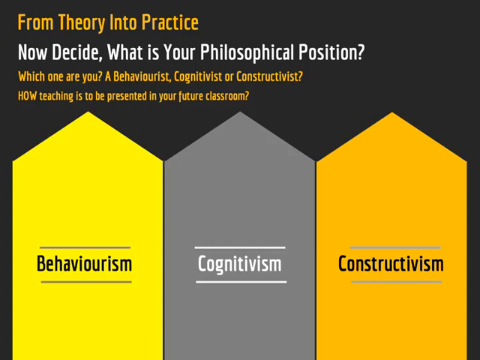So after you have already learned the three learning theories, now you decide, which one are you? Are you a behaviorist, or cognitivist, or constructivist? Which one do you prefer? How is teaching to be presented in your future classroom or training?